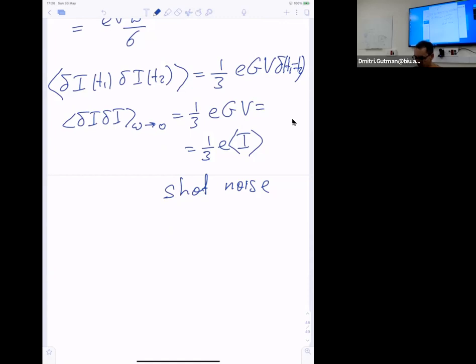I will give you as next home assignment to repeat this problem with the electron-electron interaction. It's not a complicated computation, it's very short, but you will get a different universal answer. So not 1/3, but something else. Something else also universal. Square root of 3 over 4, if I remember correctly. Or maybe square root of 3 over 2.